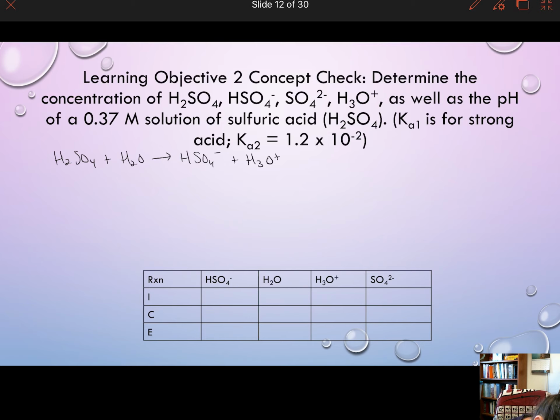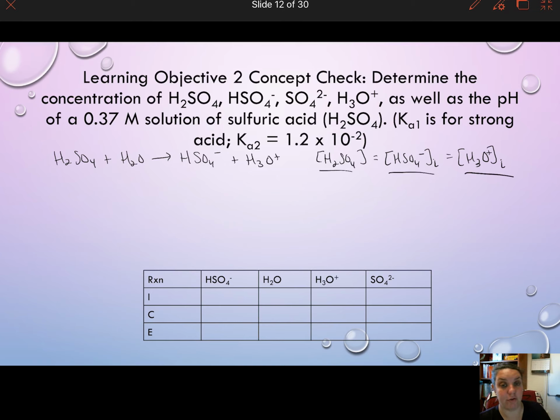So whatever our H2SO4 concentration is, it'll be equal to our initial concentration of HSO4 minus and hydronium concentration initially. So these values can then be put into our first ice table that we'll use.